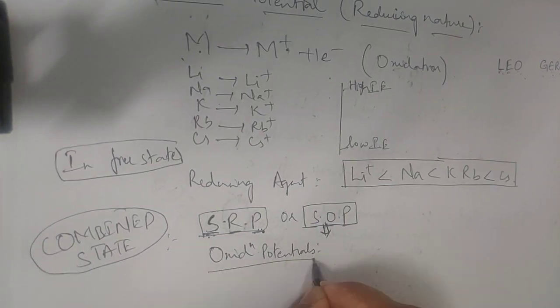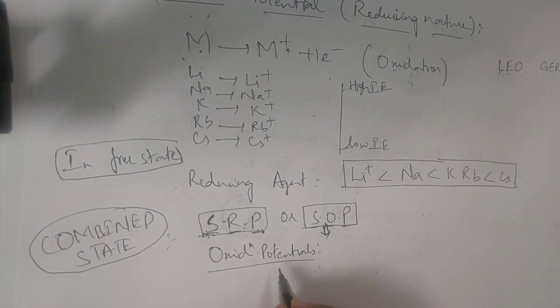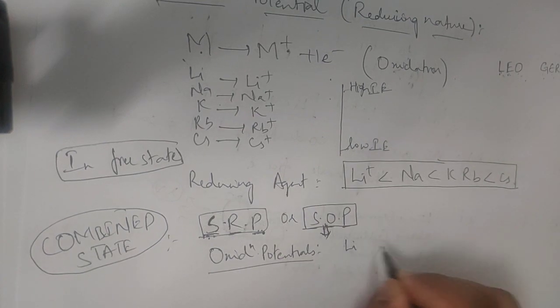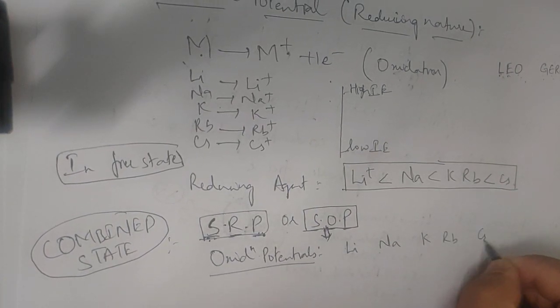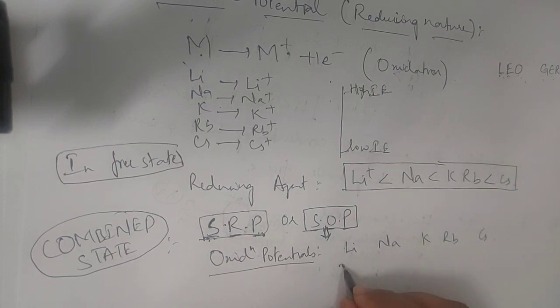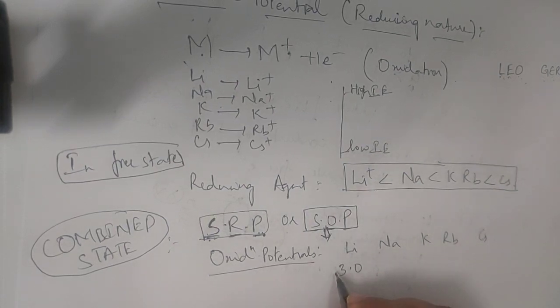According to the oxidation potentials, sir, how do you know this is the order? In fact, this is calculated. A chemical experiment was performed, and according to the experiment the potentials were calculated for lithium, sodium, potassium, rubidium and cesium.